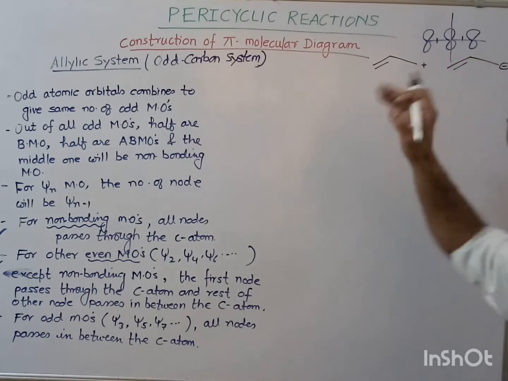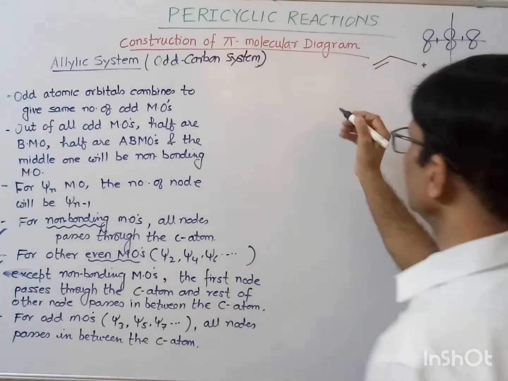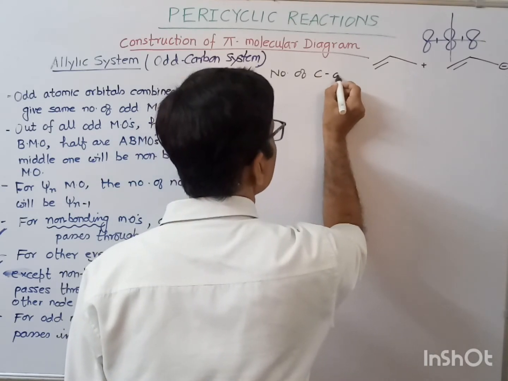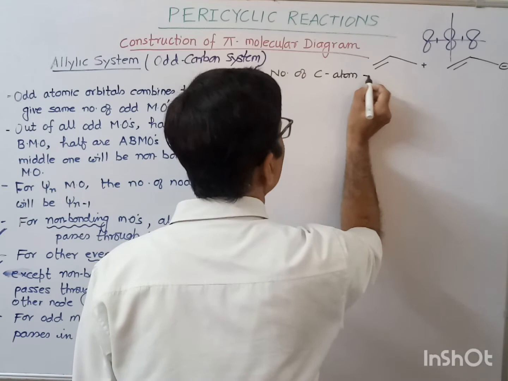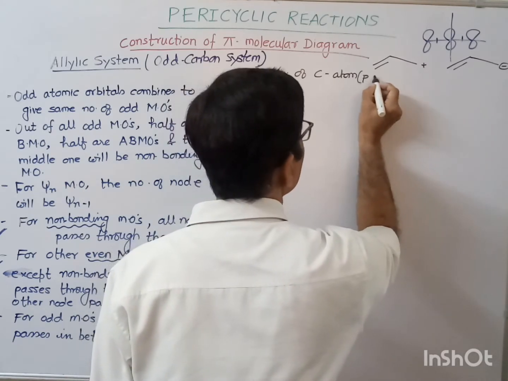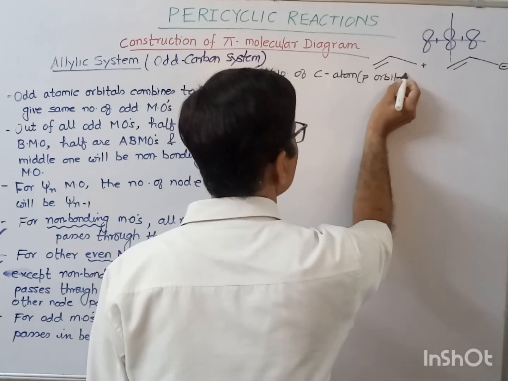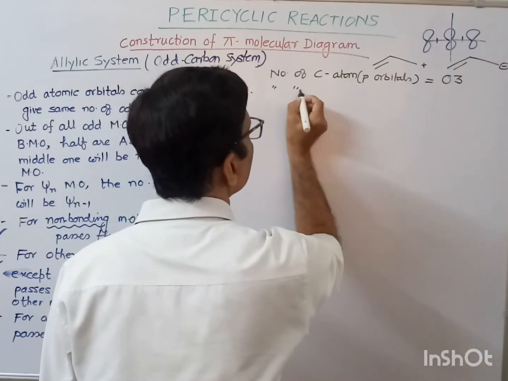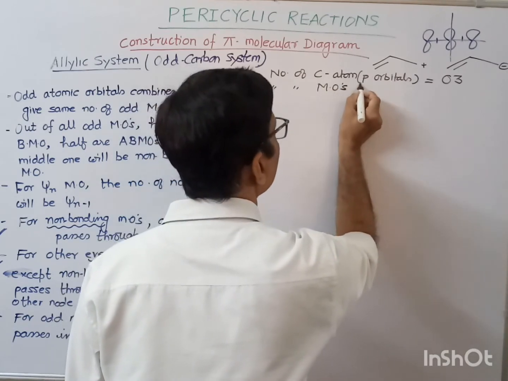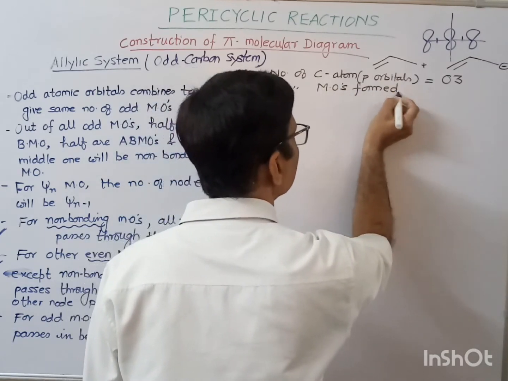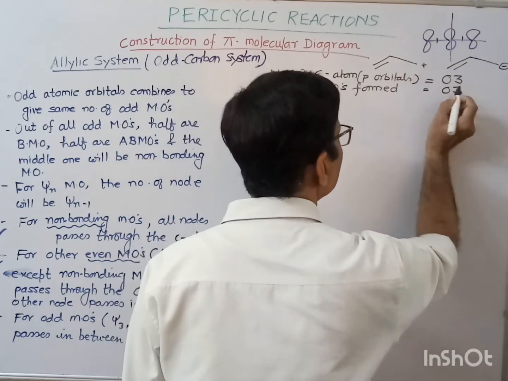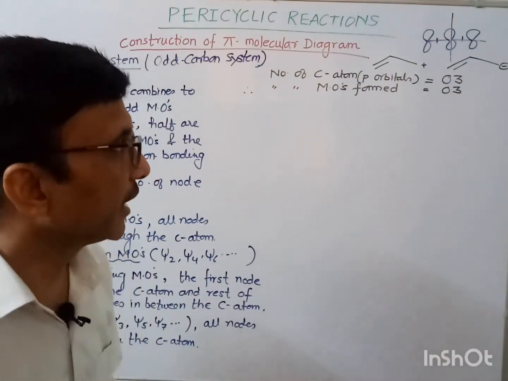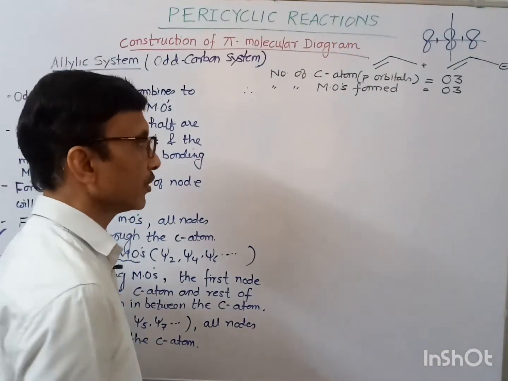Therefore the number of molecular orbitals formed will also be 3. Out of 3, 1 will be bonding, 1 will be anti-bonding, and the middle one will be non-bonding.